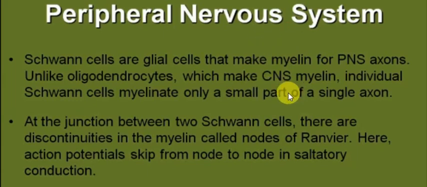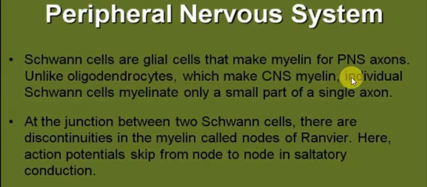They form a sheet of protein around the axon. So that is myelin. The myelin formed for the peripheral nervous system axons is made by the Schwann cells. And the myelin formed for the CNS neurons, or the central nervous system neurons, is made by the glial cell known as the oligodendrocyte.